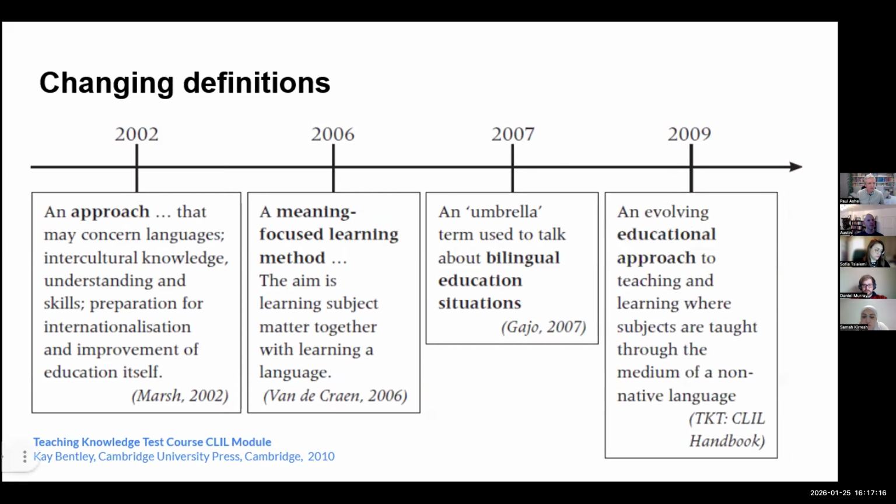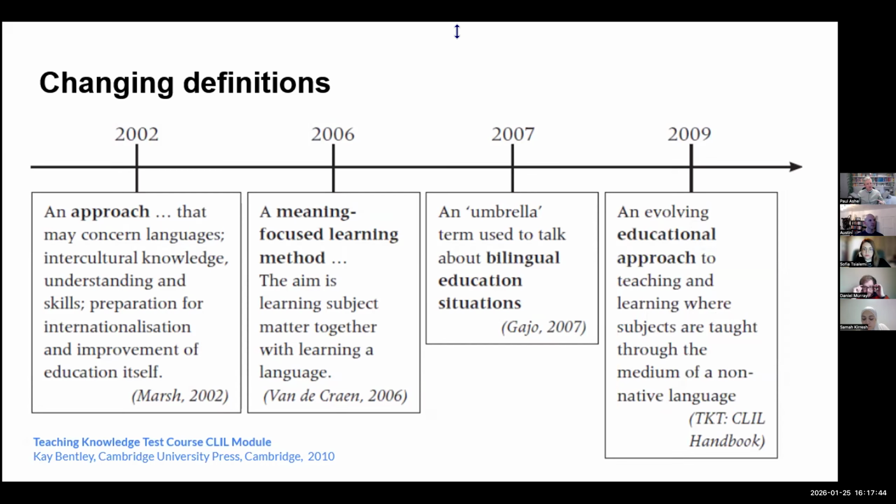And we can see the definition in 2009, taken from the TKT CLIL handbook. I think Marissa also mentioned Italy, where it's huge, as well as in Spain. So you can see slightly evolving definitions.